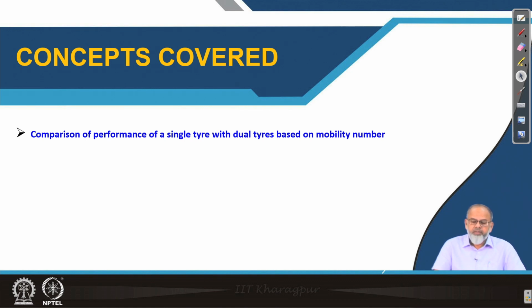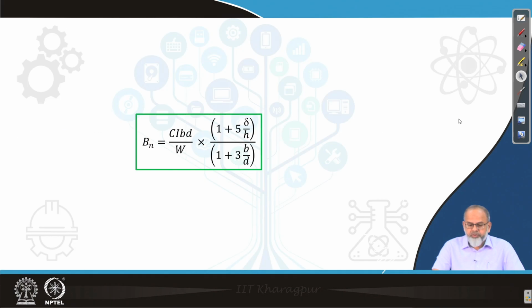Usually rolling resistance and coefficient of traction, both are dependent on a number called mobility number. If you are concentrating on Brix's equation, then there is a number called mobility number, which combines soil parameters, wheel parameters, and the weight which is coming on the tire.